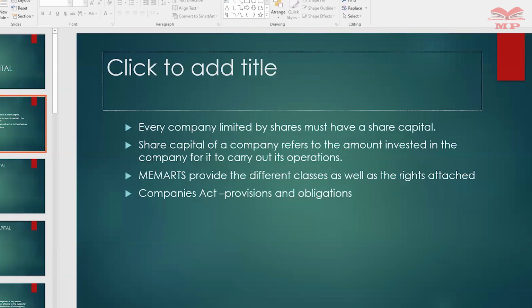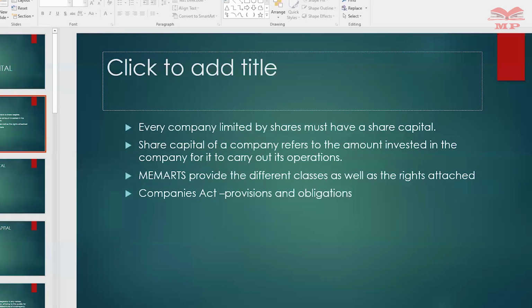Those are guidelines set out by the Companies Act, but they are not set in stone, which is why we have the memorandum and articles that enable a company to customize according to their needs and the objects that they have come up with, so that they ensure they have enough funds to carry out their operations.